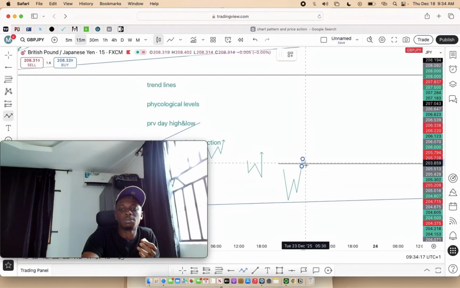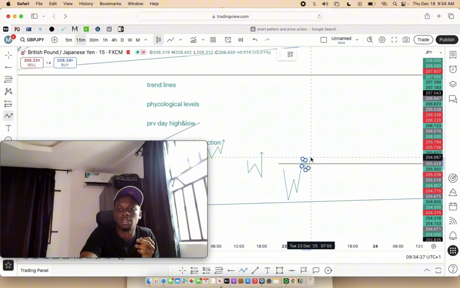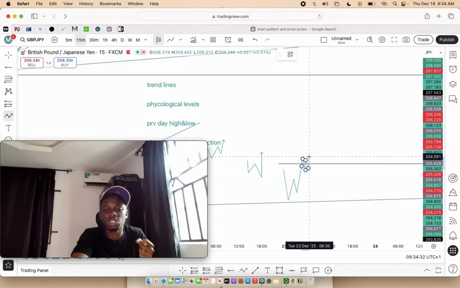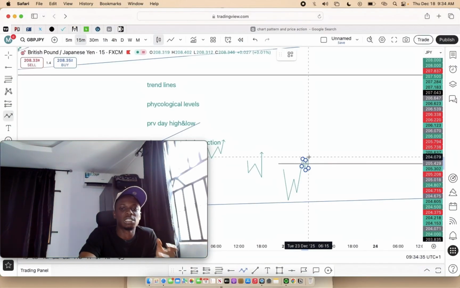If we close above and I have time to be patient, I will wait to see if I get multiple break rejections on this level again. Then all I'm looking for is that bullish pattern, that the bullish presence is there and the timing is there.